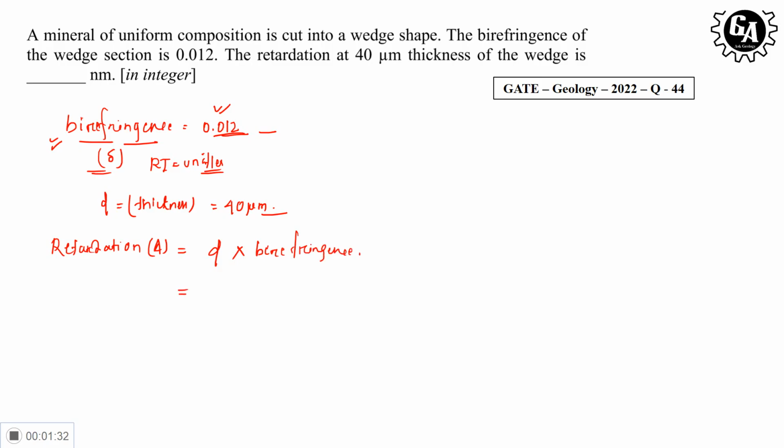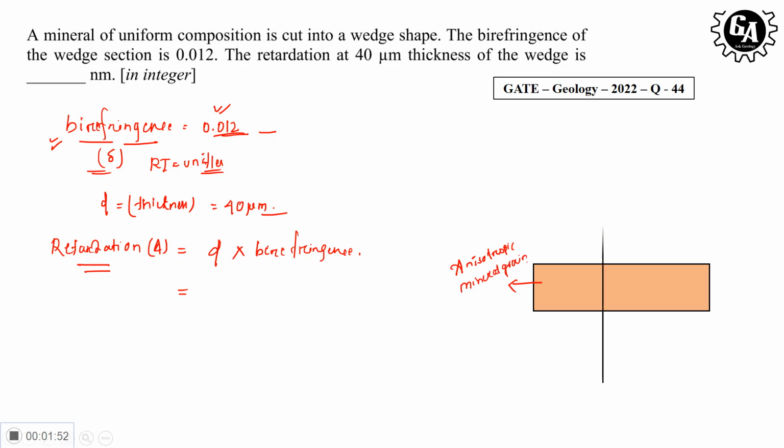Before solving this, let us know what actually retardation is. Let this be an anisotropic mineral grain. Now the incident plane polarized light splits into two rays. One is the E ray, one is the O ray.